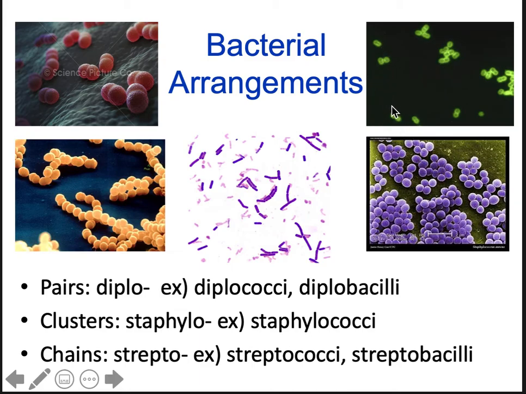So this would be a diplobacillus or a diplococobacillus. Okay. Here we see diplococci, right? We see a lot of pairs, really nice pairs of very spherical bacteria. So diplococci. And here we see very nice chains of spherical bacteria. And so that would be streptococci.